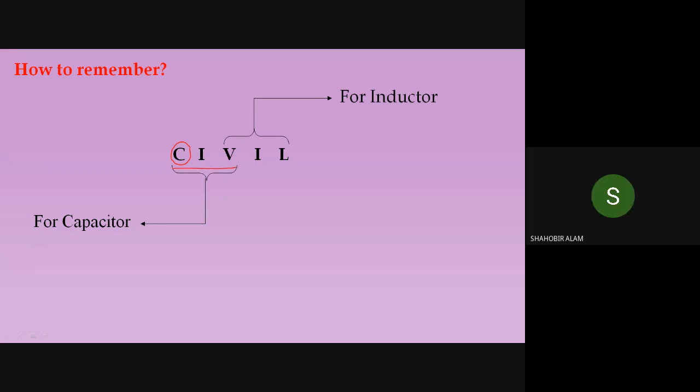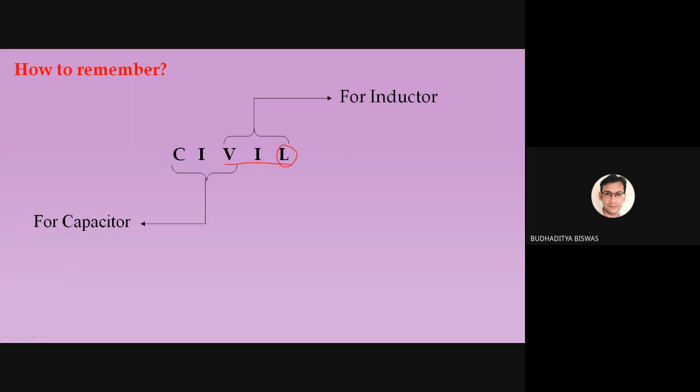I. So that means in case of a pure capacitor, the current leads the voltage by 90 degrees, as the current I is placed before the V, the voltage. And if we take the three letters of CIVIL, VIL, this L is for the pure inductor.